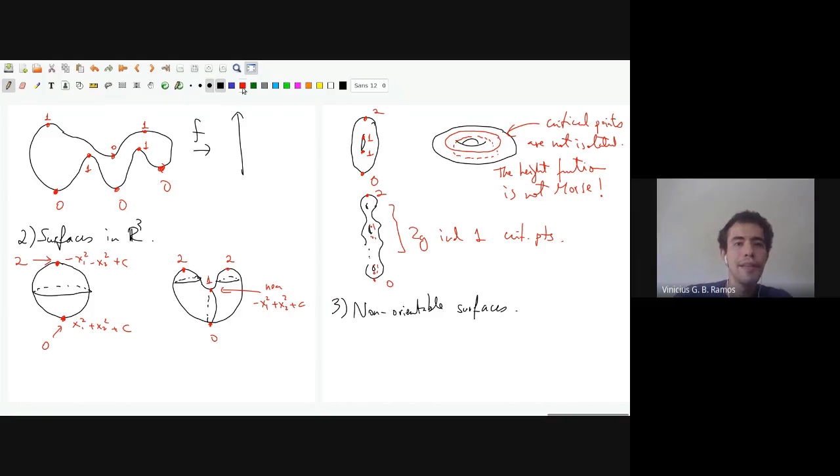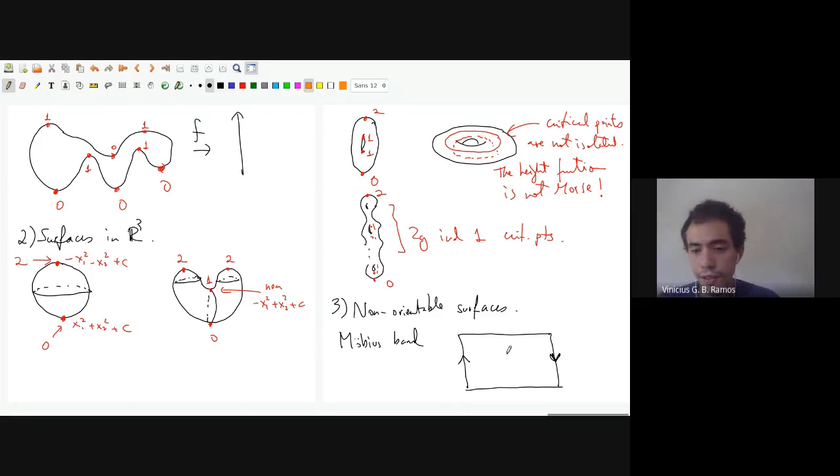So let's start with the Möbius band. Instead of embedding into R3, I'm just going to explicitly draw the Morse function. So this is my Möbius band. What I'm going to do is define the function by level curves. So I'm going to tell you what the level curves are.